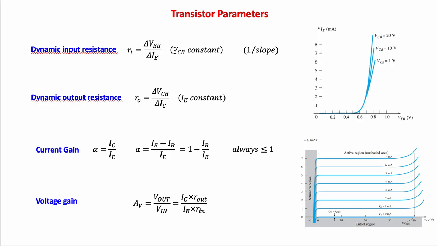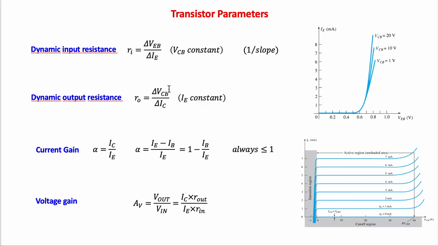We have to keep the output voltage constant, as we mentioned earlier. This is the inverse of the slope of the input characteristic plot. We see here the slope is really high, so 1 over the slope is going to be low compared to the output dynamic resistance.